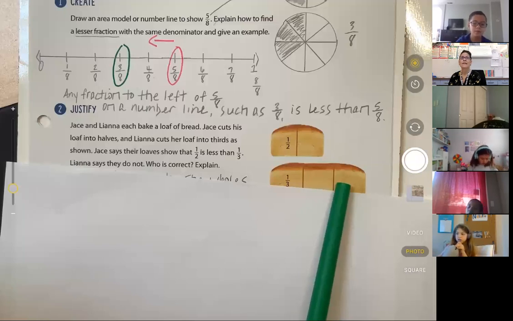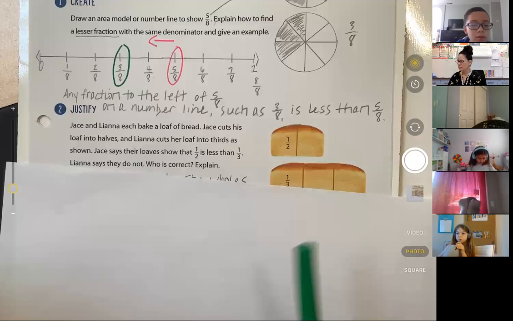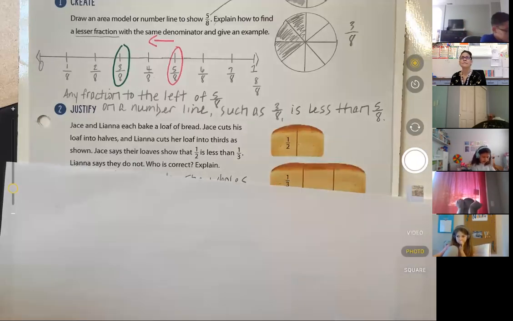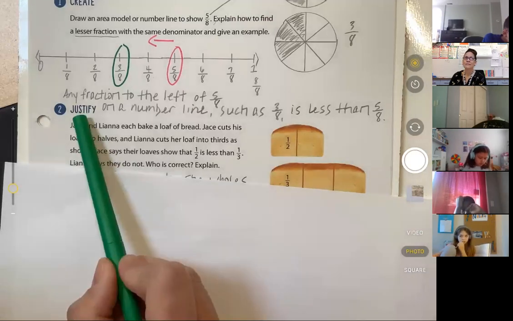Jace says their loaves show that 1/2 is less than a third. Leanna says, no, they don't. Who's correct? And we need to explain or justify.